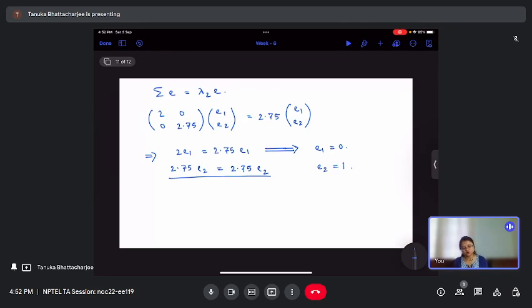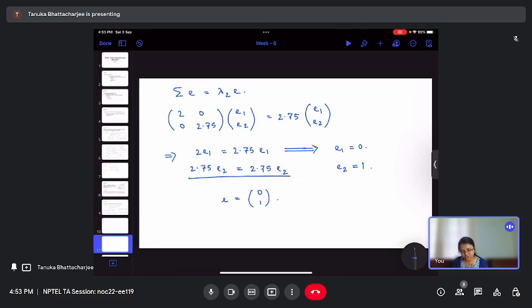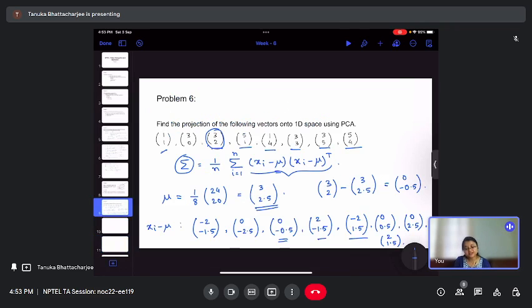So, your final E, the eigenvector corresponding to your largest eigenvalue of sigma, is given by 0, 1. This is basically the direction of projection for PCA. Okay. So, you got the direction of projection. Now, the original question was to find the projections of the original feature vectors.